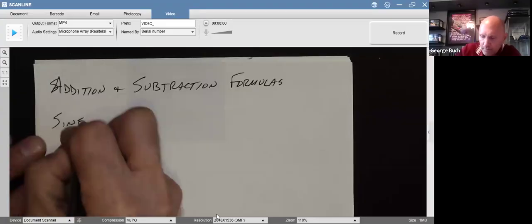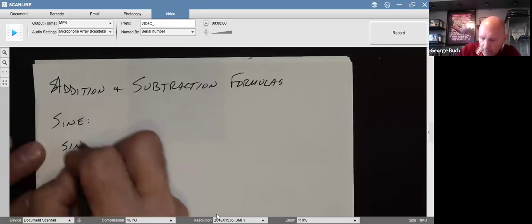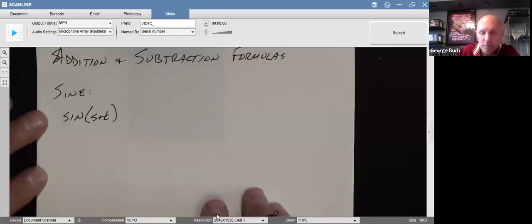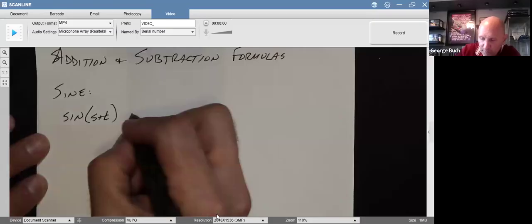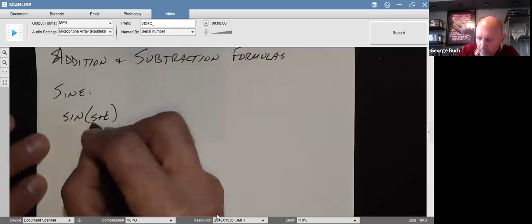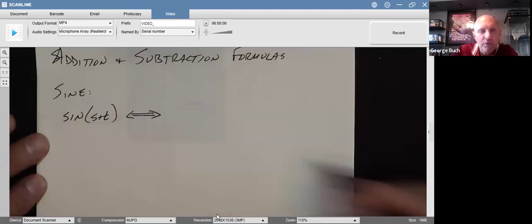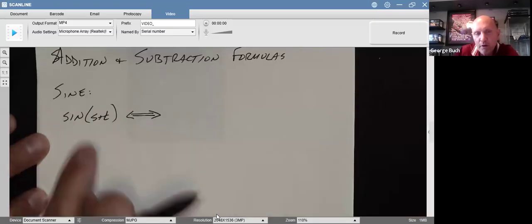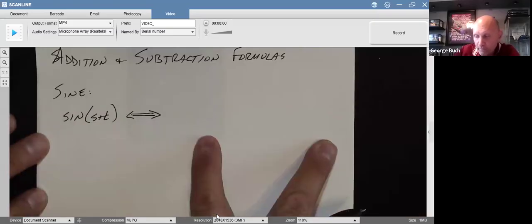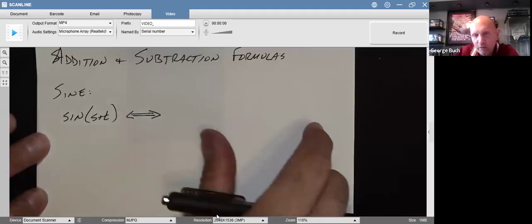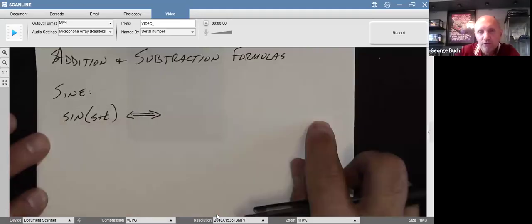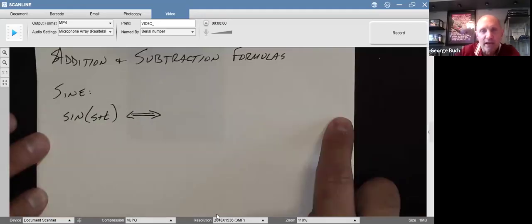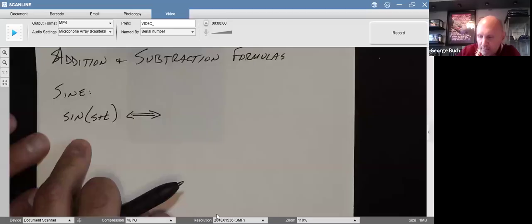For sine, if I have sine of s plus t, whatever those values might be, maybe it's 45 and 30, I'm going to put these two-way arrows because I can either break this thing apart, or I can sometimes take a long formula and condense it down, saying, oh, this is calculating sine of 75 because I could add s and t.